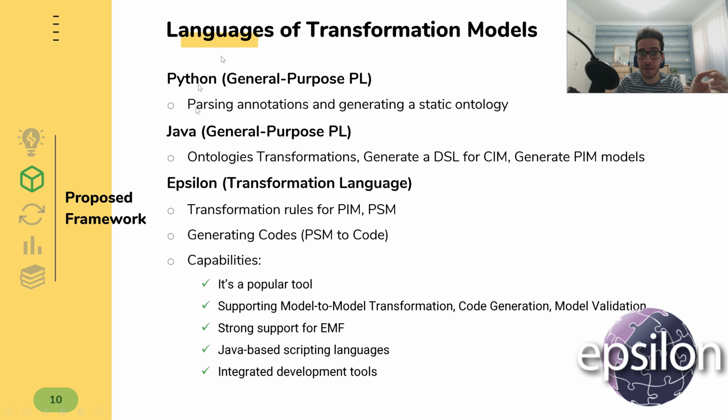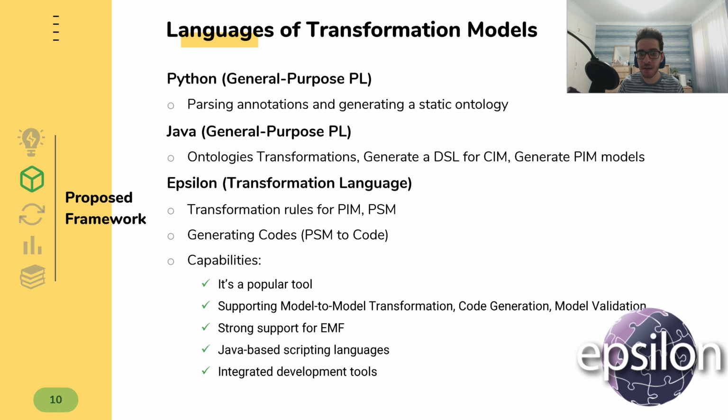We used Python for parsing annotations and generating a static ontology. We used Java for ontologies transformation and generating a DSL for CIM. Also, we used Eclipse Epsilon for transformation of models to models, PIM to PSM and PSM to code.